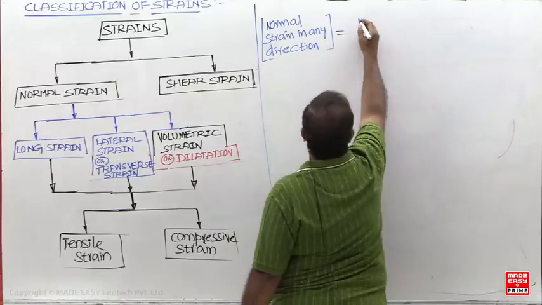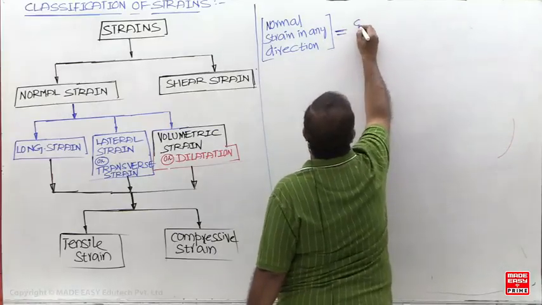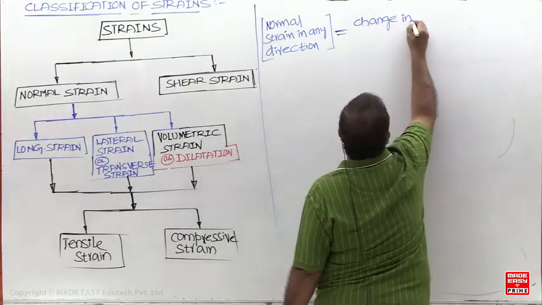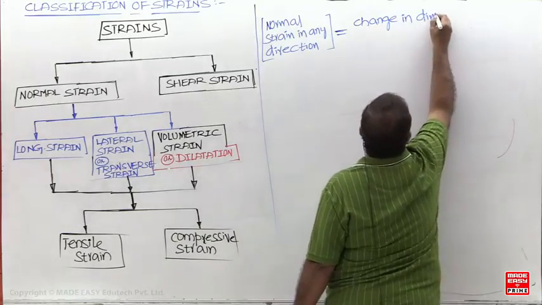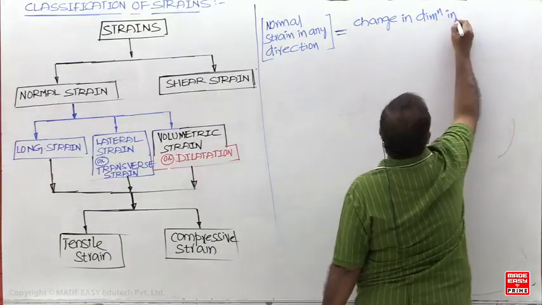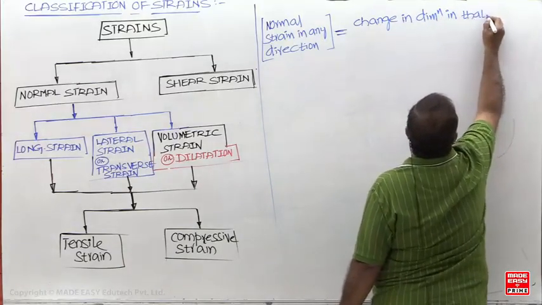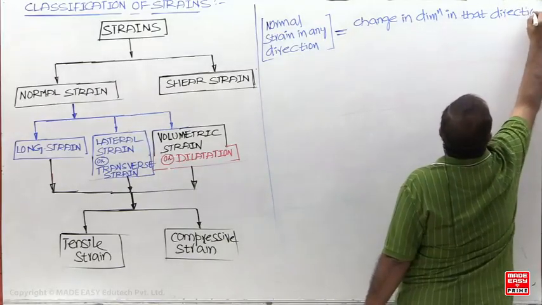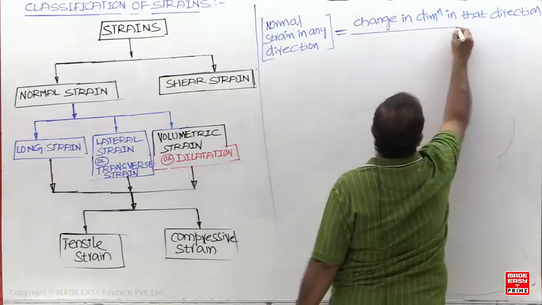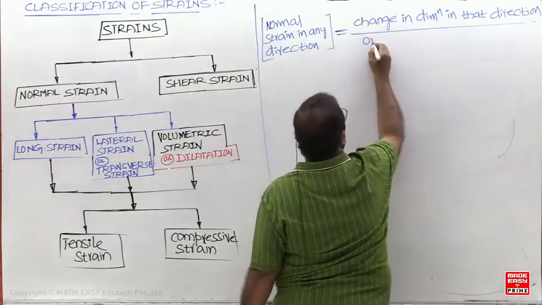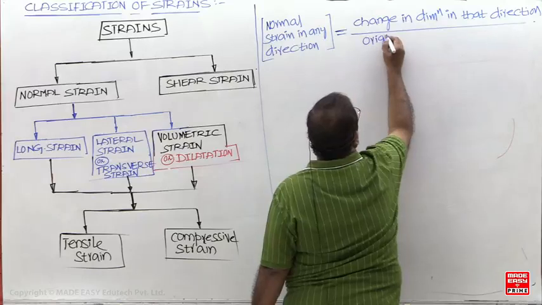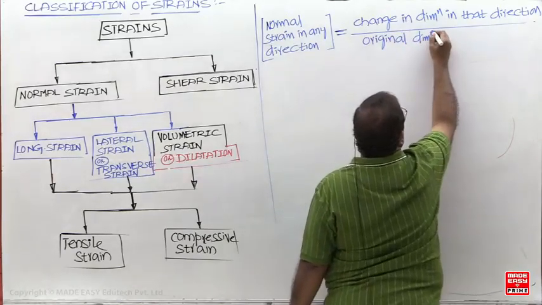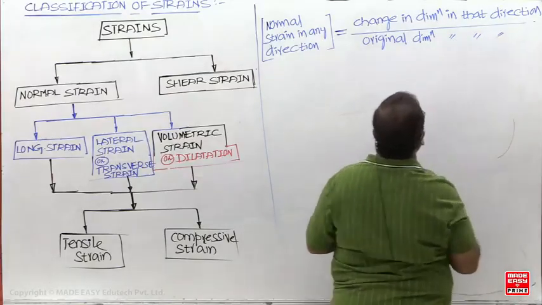In any direction, it equals change in dimension in the direction, divided by original dimension in the direction.